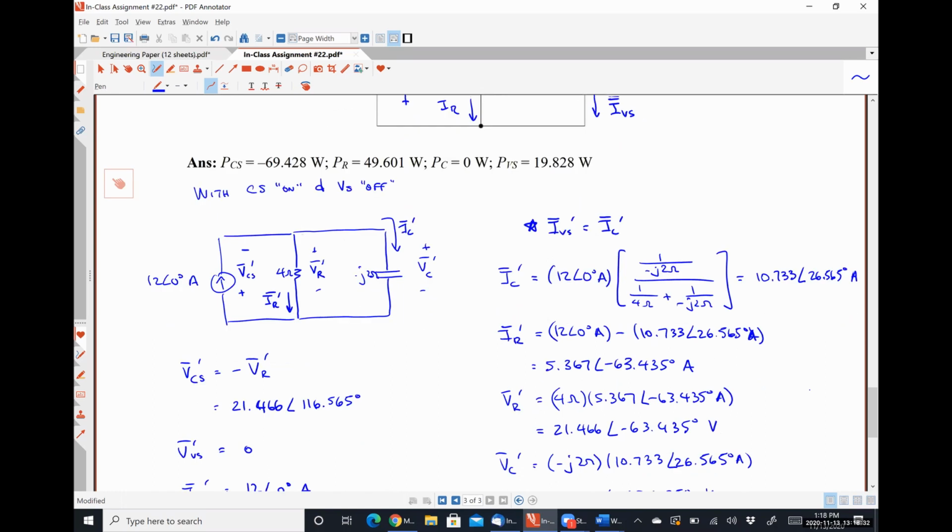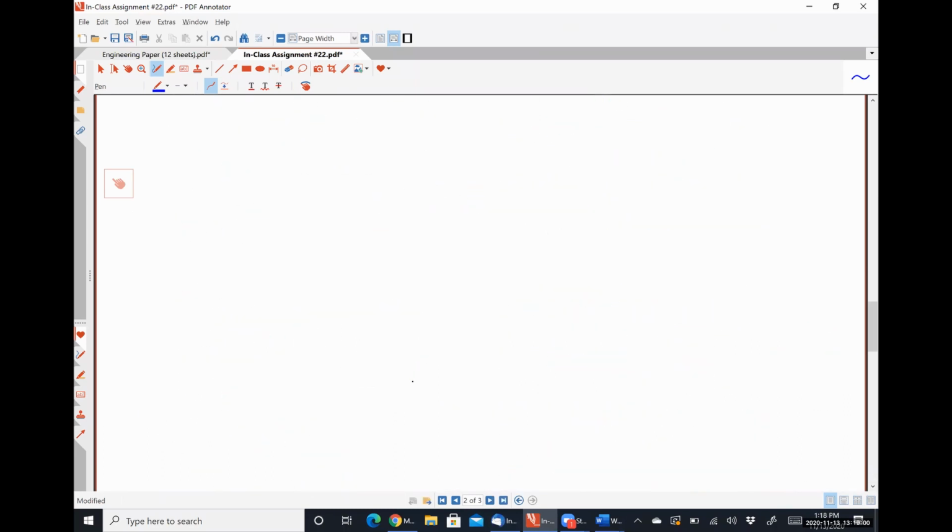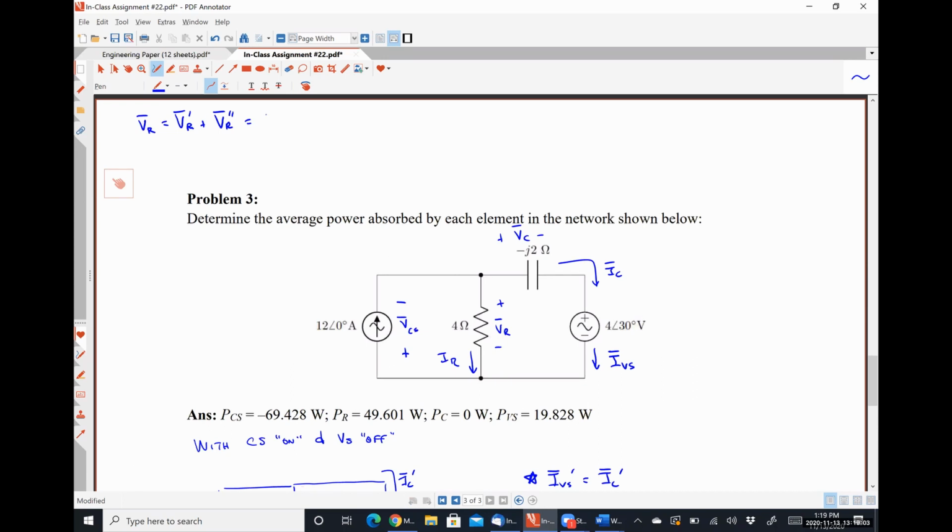So that would be 21.466 angle negative 63.435 plus 3.578 angle 56.565, which gives 19.919 angle negative 54.485 degrees volts.